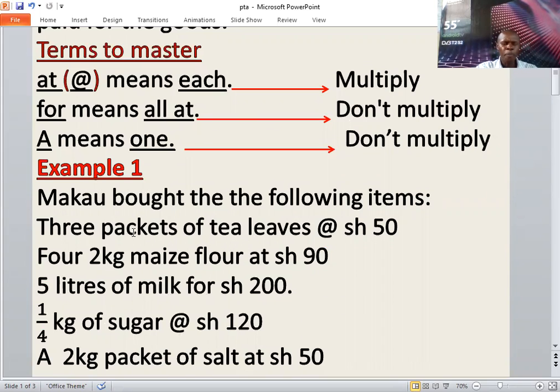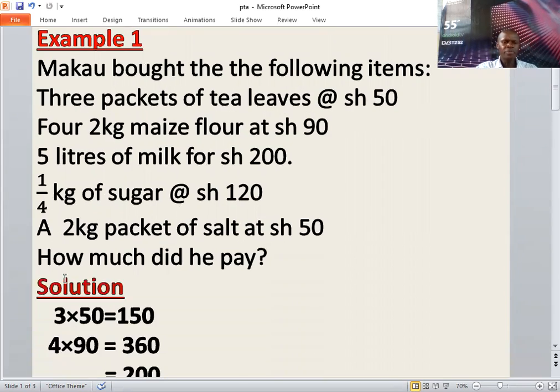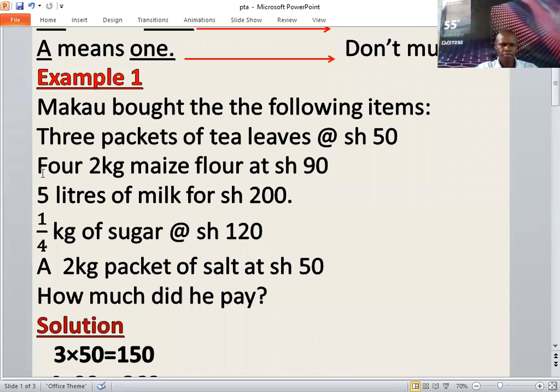The number of packets times the price per packet. The number of packets bought were 3. What was the price per packet? 50 shillings. That means we shall take 3 times 50, then we get the total amount spent for the 3 packets to be 150 shillings.